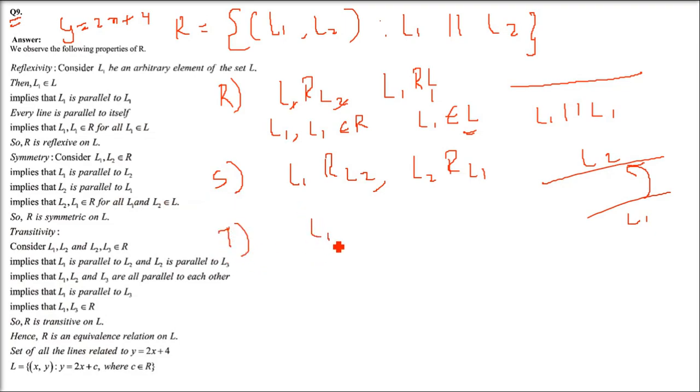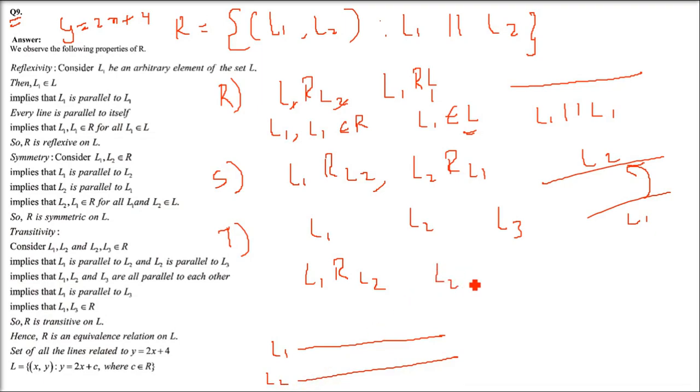Coming to transitivity. So L1, L2, L3, we are going to take three lines. If L1 is parallel to L2 and L2 is parallel to L3, now it is again very obvious that L1 is parallel to L3.